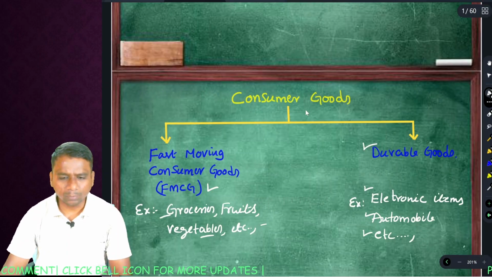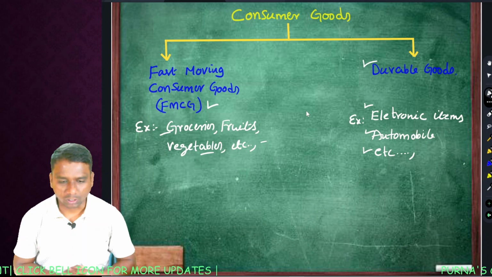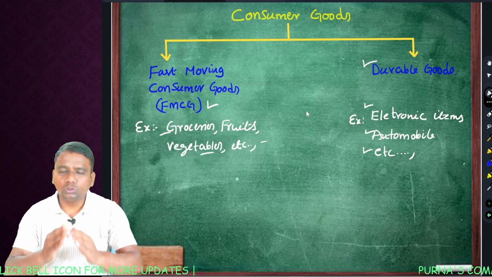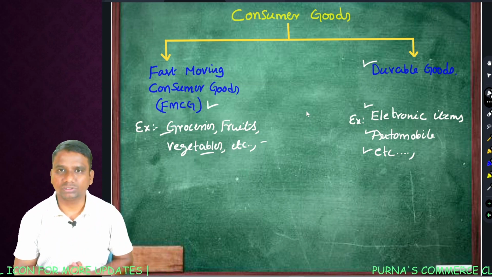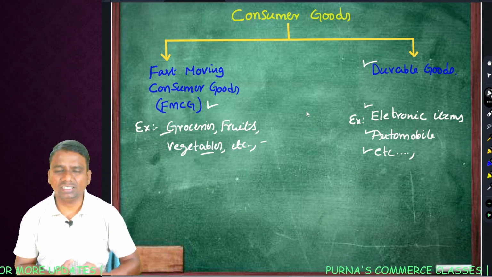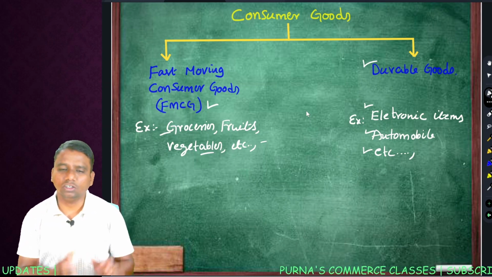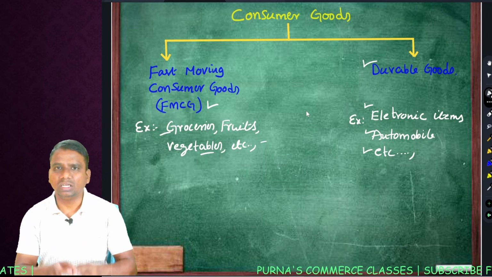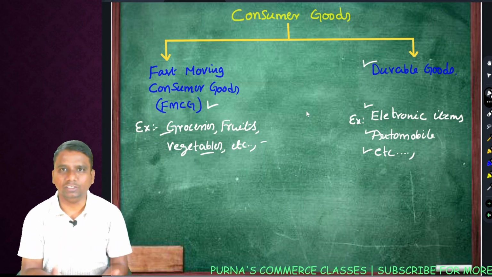Now come to consumer goods. We'll discuss consumer goods now. Consumer goods again we can divide into fast moving consumer goods and durable goods. You have heard the name FMCG, fast moving consumer goods. All these are groceries, fruits, vegetables. These can be consumed single use. To put it simply, single use.